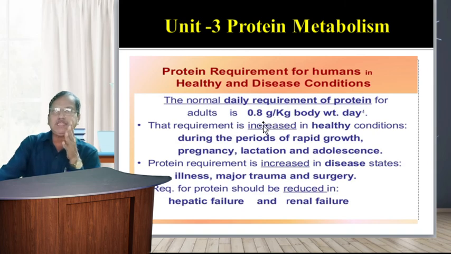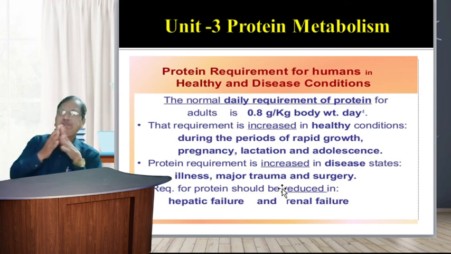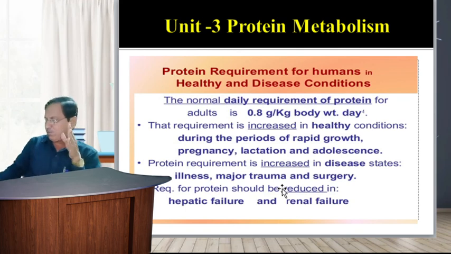That requirement is increased in healthy conditions during periods of rapid growth, pregnancy, and lactation. Protein requirement is also increased in disease states, illness, major trauma, and surgery. Requirements for proteins should be reduced in hepatic failure and renal failure. The requirements of proteins are most important in both healthy and disease conditions.